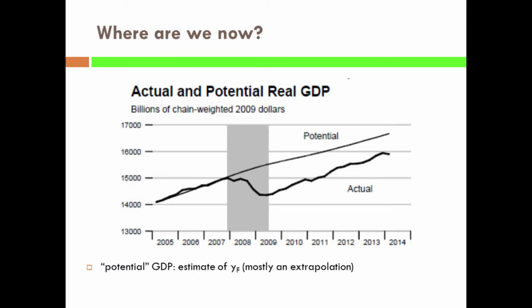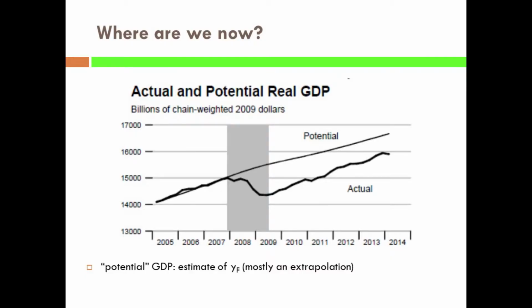And in the recession of 2007 to 2009, that's the shaded area, you can see it corresponds to when real GDP is dropping. Real GDP has started growing again, but it hasn't caught back up to the trend, which is unusual. If you look at the previous diagram, you saw it typically catches back up to the trend pretty quickly. Here, we're running parallel to the trend. There might be a little convergence, but the reason it looks like there's a little convergence, if you look closely, is because they've revised the estimates of potential.